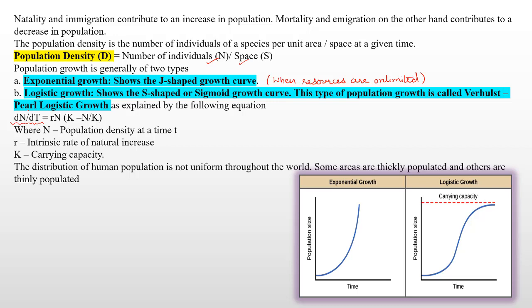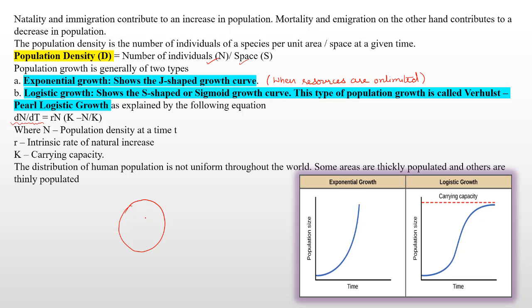For example, if I talk about Delhi, Calcutta, Lucknow, Mumbai, every city has a particular space. I have given you one example as well. Suppose this is a barren land area which is to be colonized by humans, animals, species, organisms.